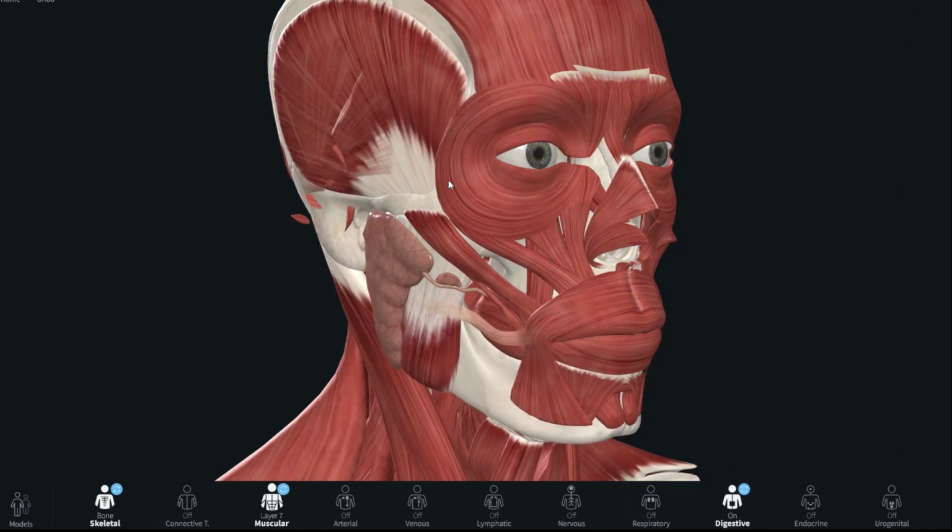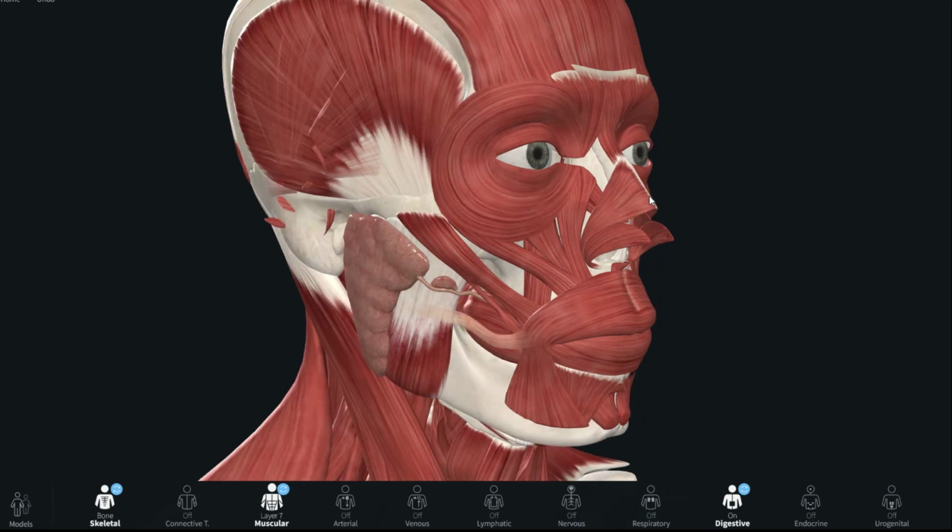The person will automatically bend the head to look at an object or person.